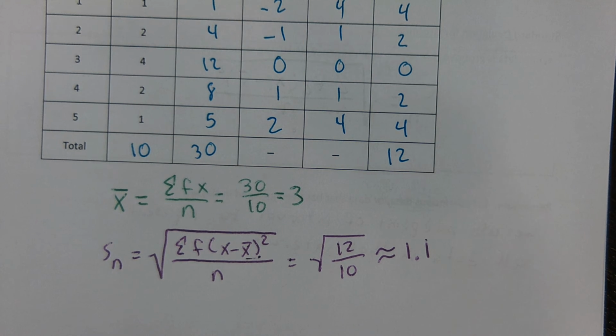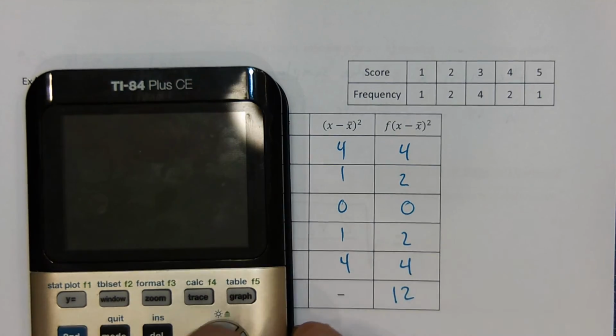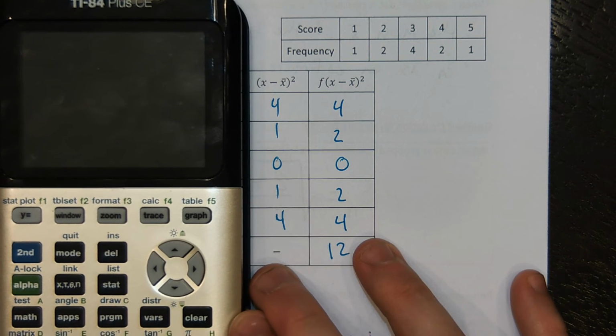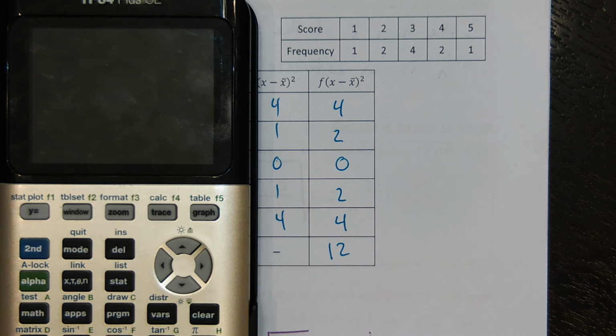Now, I did tell you that your calculator can do all this for you. So I think it would be beneficial to know exactly how to do that, right? So let's grab our favorite statistics tool and ask the calculator to handle this for us. So how do we do it?